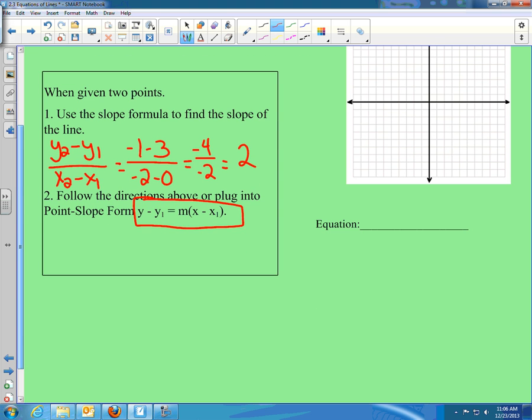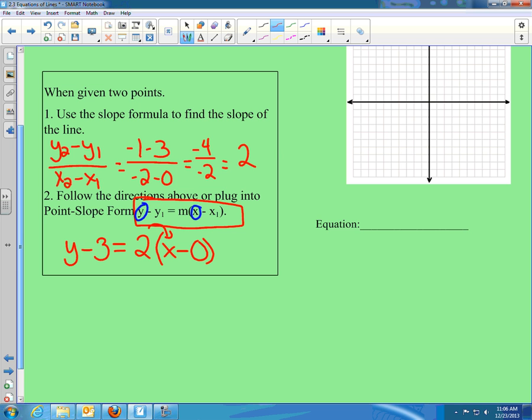Now, this x and y that don't have anything with it, those ones never, ever, ever get anything plugged into them. So we're going to have y minus, well, our y1 was 3, so minus 3 equals our slope, which was 2, times x minus our x1, which was 0.